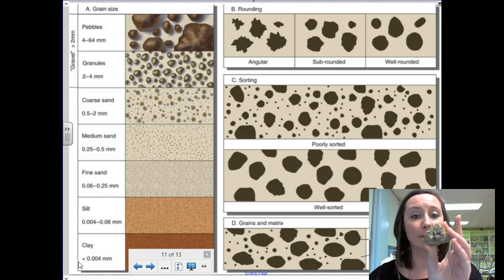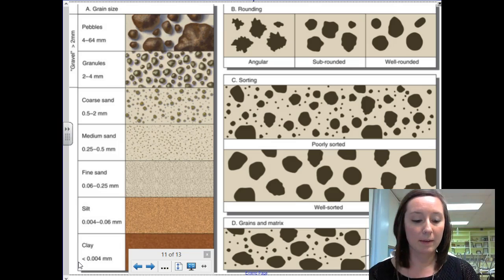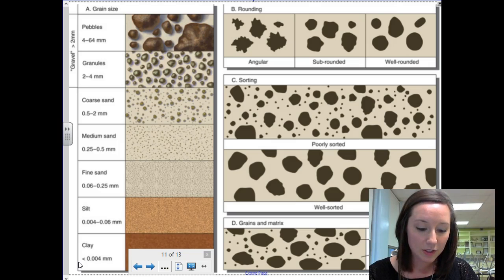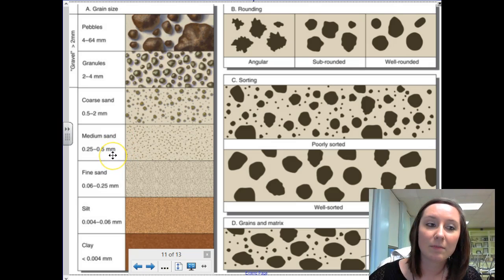This is called conglomerate. If I were to take my ruler and hold it up, I'm going to measure one of the pieces of sediment that are making it up. One of them is only about 0.5 centimeters.